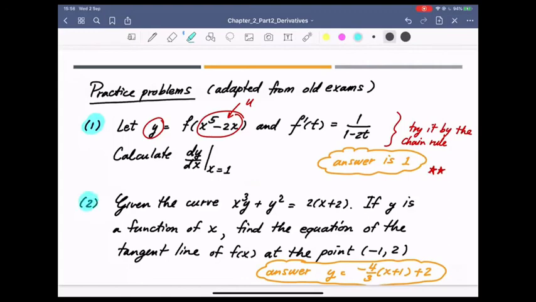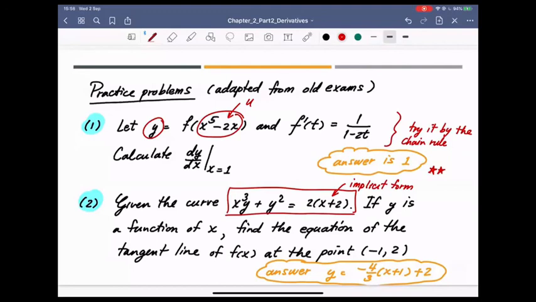So question 2, given this curve, if y is a function of x, can you find the equation of the tangent line of f(x) at the point here? So for sure, when you see this function, this is the implicit form. So you do not need to simplify the implicit form to the explicit form.